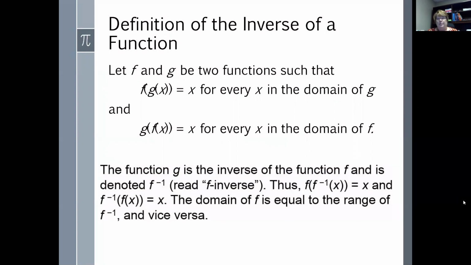Again, that does not mean the reciprocal of f. Function notation is special. So if you have what you know is a function and you have a -1 as the exponent, that means the inverse of that function.